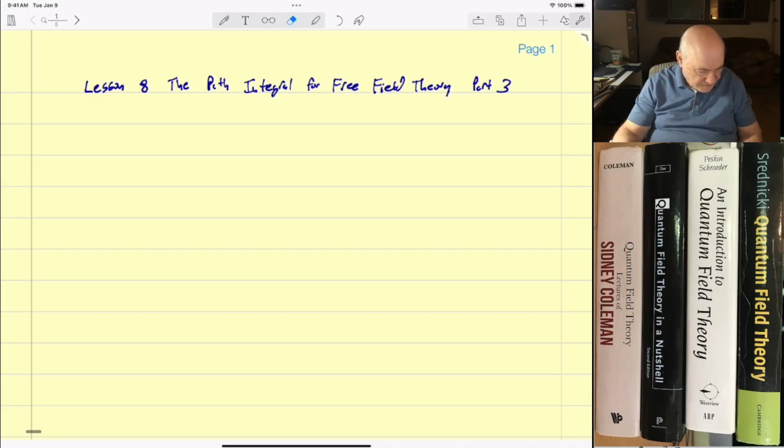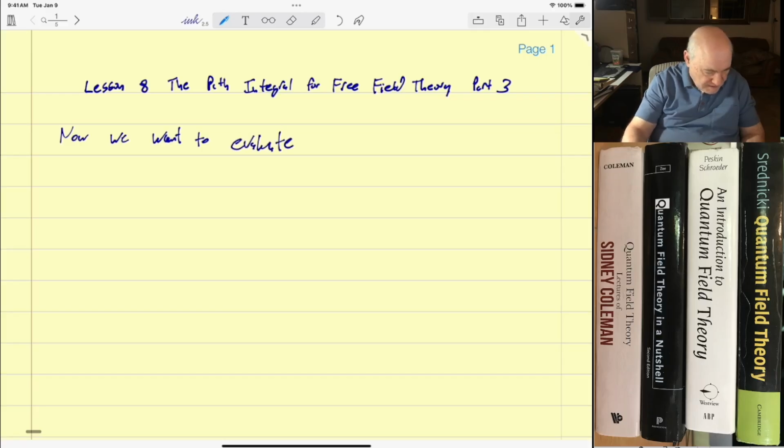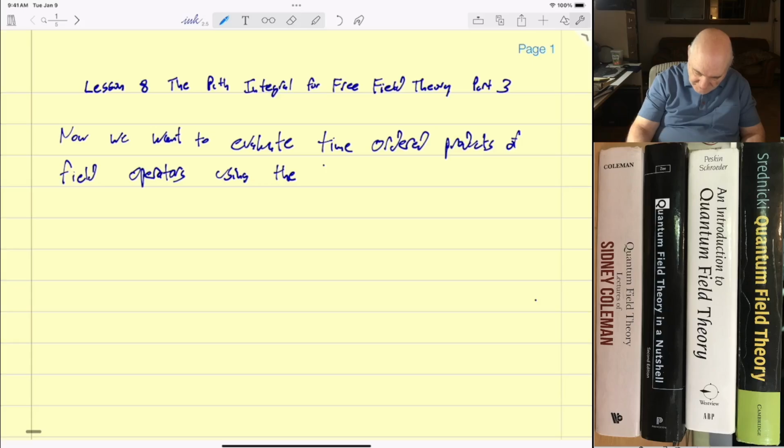So now we want to evaluate time ordered products of field operators using the free field theory path integral.